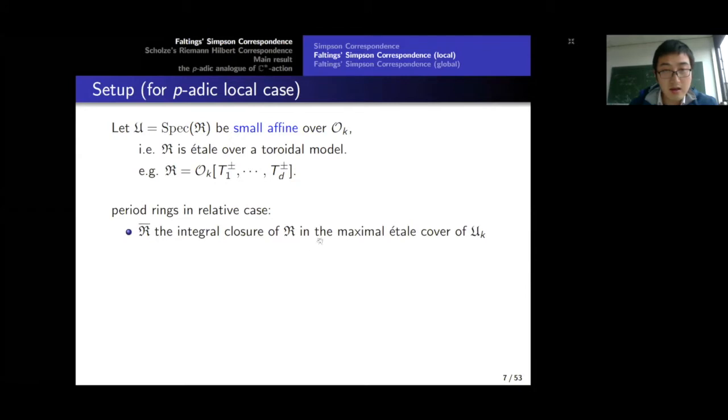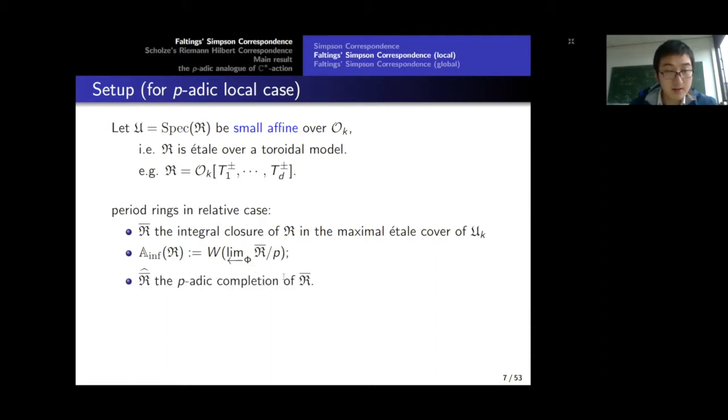First, we denote R bar to be the integral closure of R in the maximal étale cover of the generic fiber of U. And A_inf is defined to be the Witt ring with coefficients in this limit. Here the map in this limit is also defined by p-th power. Then we denote R bar hat to be the p-adic completion of R bar.